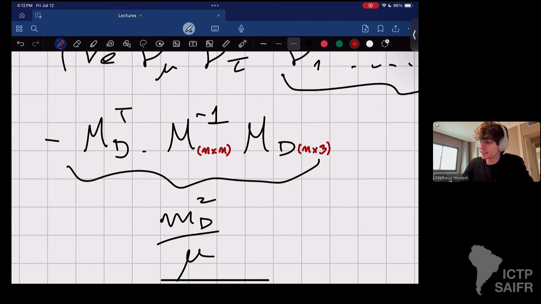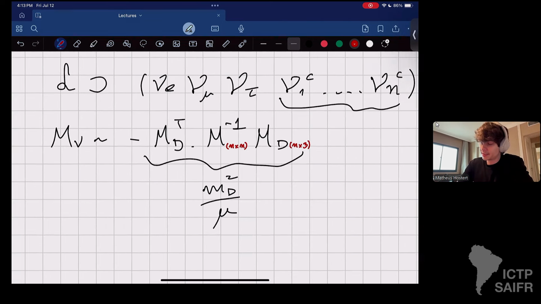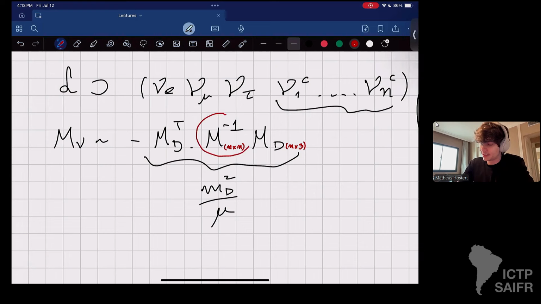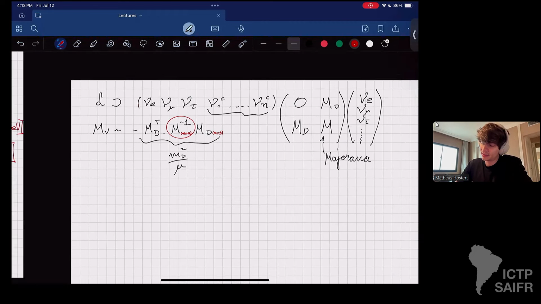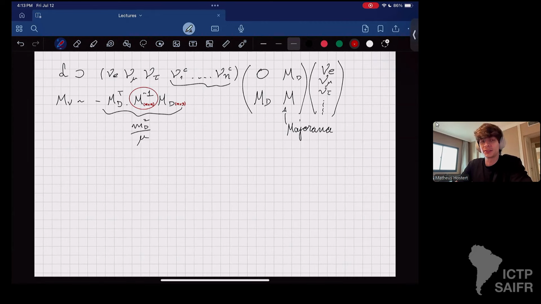So that means that there can be structures hidden inside of this matrix that lead to behavior that we're not expecting with the 2 neutrino simplified paradigm that we have been playing with. And that's what exercise number 2 was. I highly encourage you to go back to it if you didn't have a chance to complete it. Otherwise, I will post the answers on the website right after the lecture.